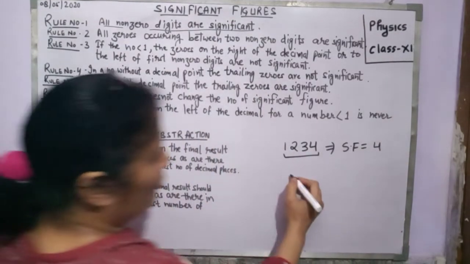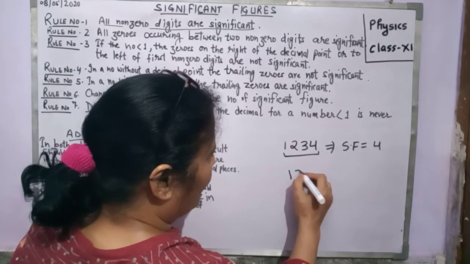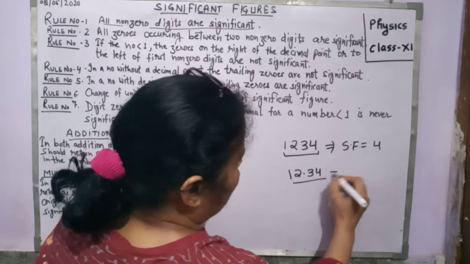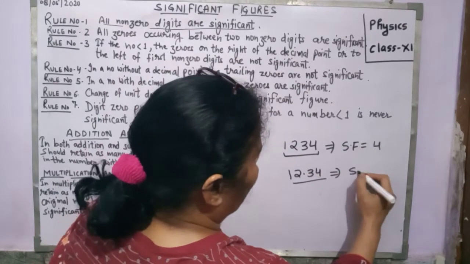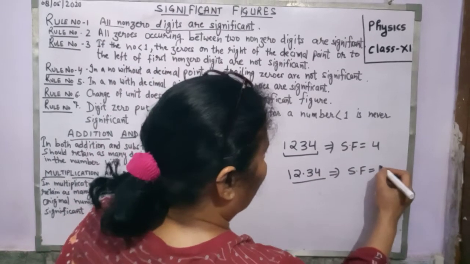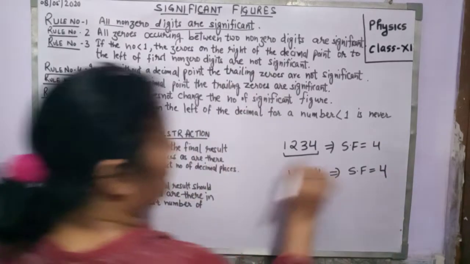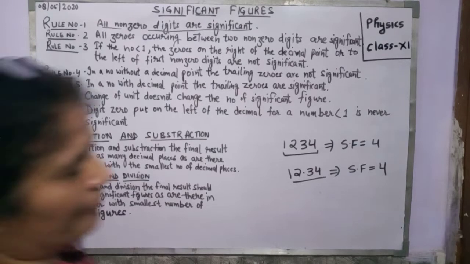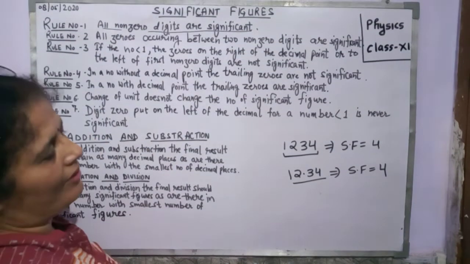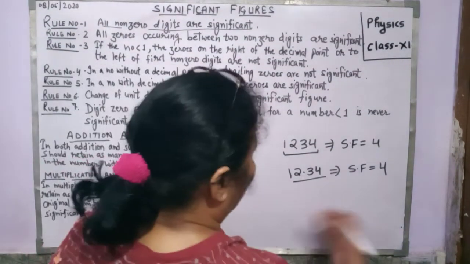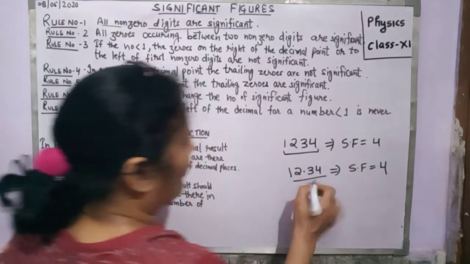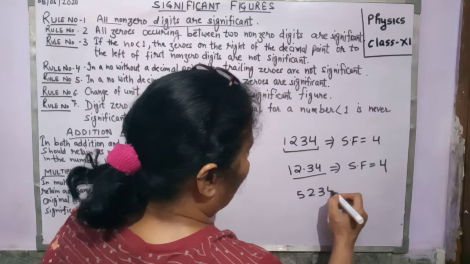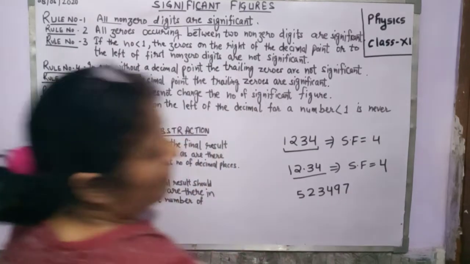If we put a decimal in between any two digits, 12.34, then also the number of significant figures is 4. So any digit which is non-zero must be a significant figure. You can take any quantity not including 0, for example 523497.